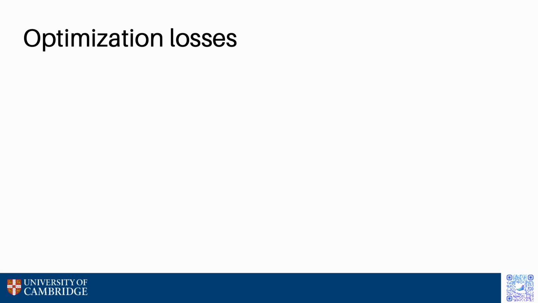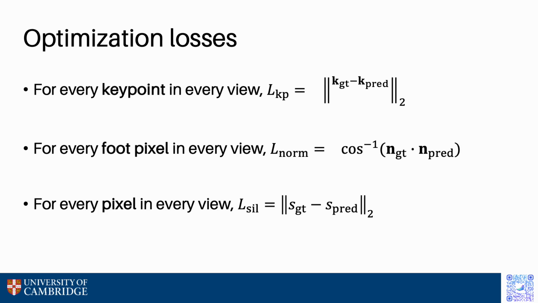For registration, we use a keypoint loss, which, for every keypoint in every view, is the L2 loss between the 2D keypoint projection and the projection of the FIND model's keypoint. This is weighted by the predicted uncertainty and masked according to whether the keypoint is visible. For accurate surface fitting, we use our predicted surface normals.